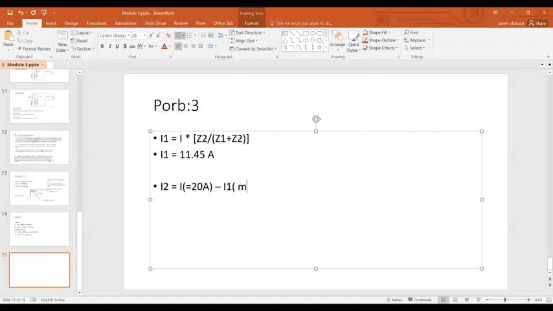So magnitude and angle you need to consider. So I2 magnitude, you will get it as 20.64 amperes. Just check.